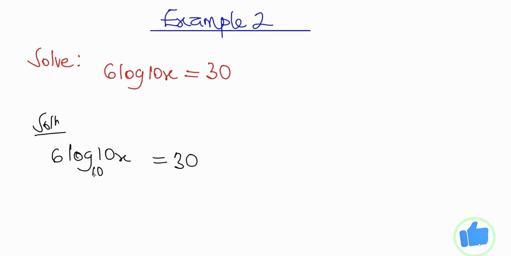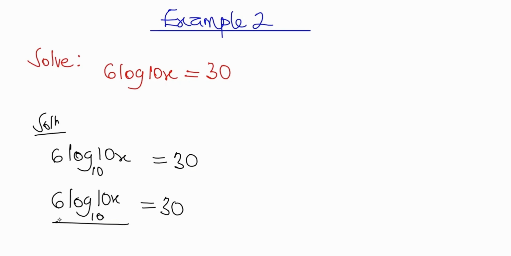Now to continue, we can see that the logarithm of 10x base 10 has a coefficient of 6. So in order to find the value of x, we have to divide both sides by the coefficient of the logarithm. So 6 log 10x base 10 is equal to 30, and we are dividing both sides by 6.